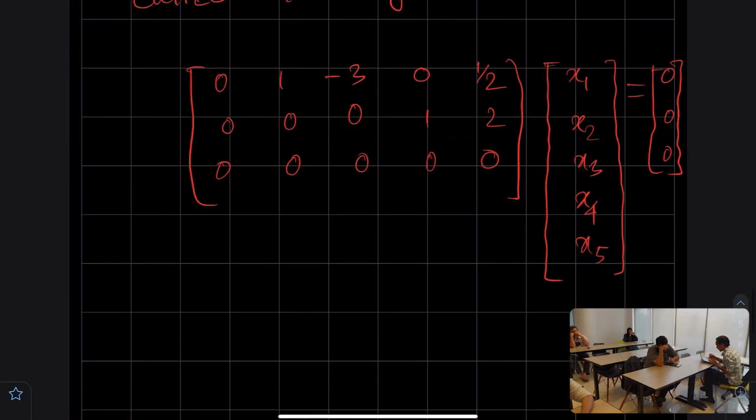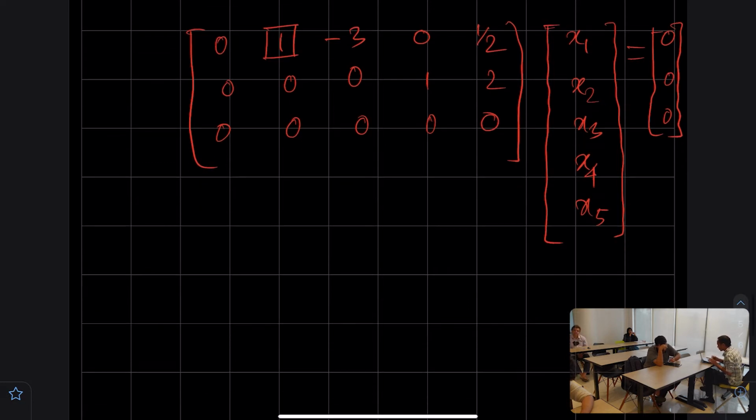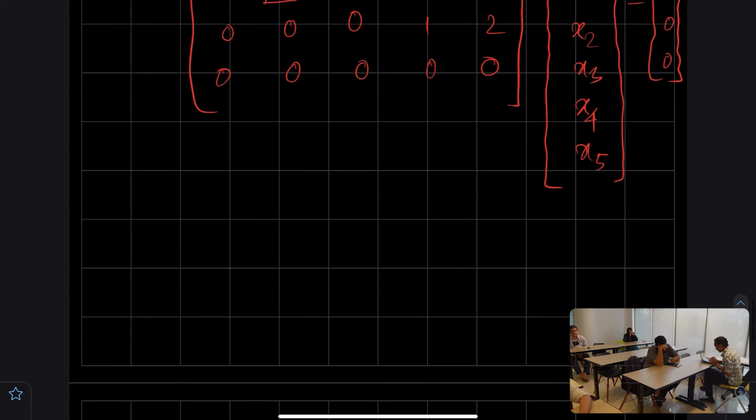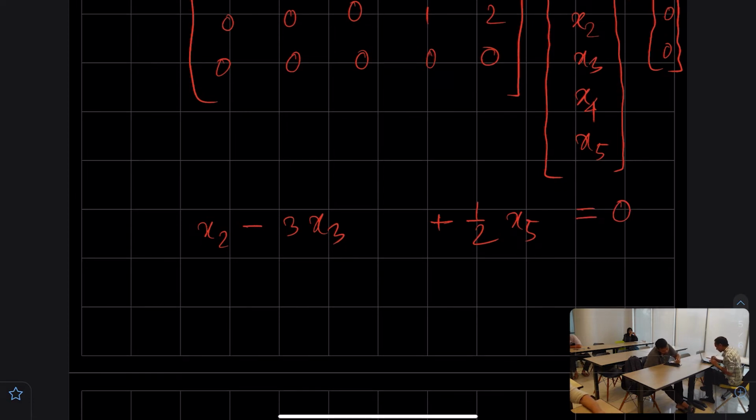So the leading one in the first row is in column 2, right? So if I multiply it and express it, x2 minus 3x3 plus half x5 equals 0. This is one equation. Then x4 plus 2x5 equals 0.